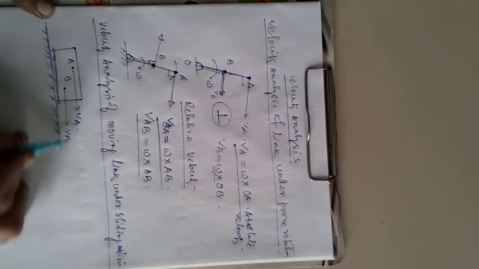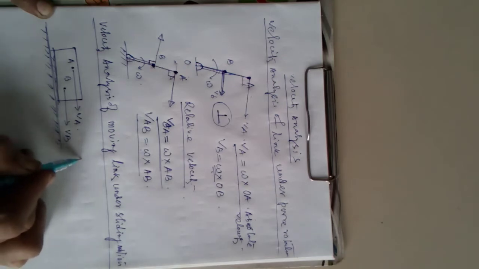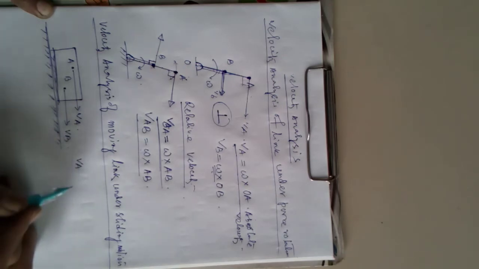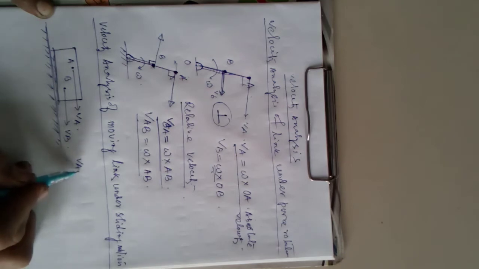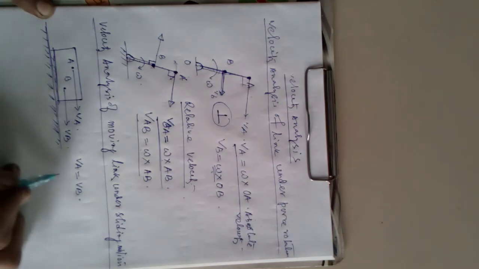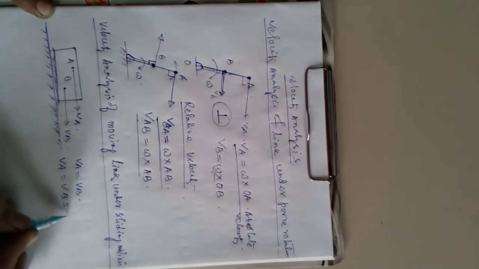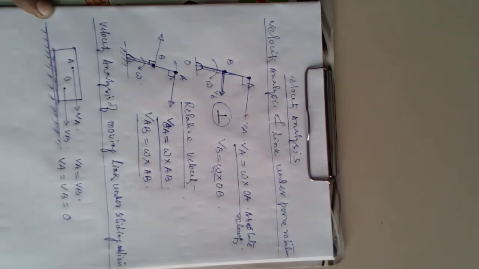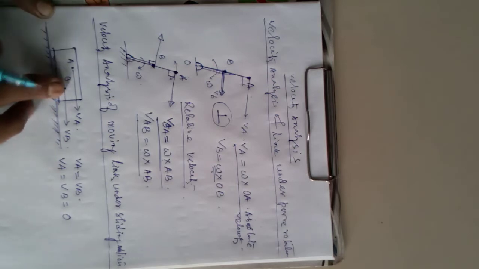In that case, the velocity of point A, VA, and the velocity of point B, VB, are equal. So we can write that the relative velocity of A and B will be 0 in that case.